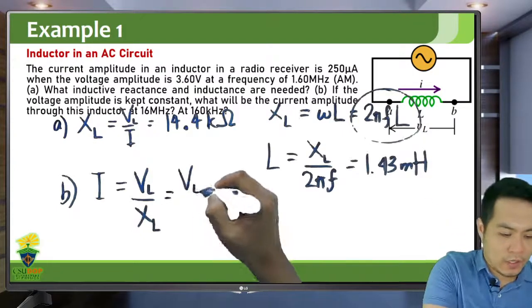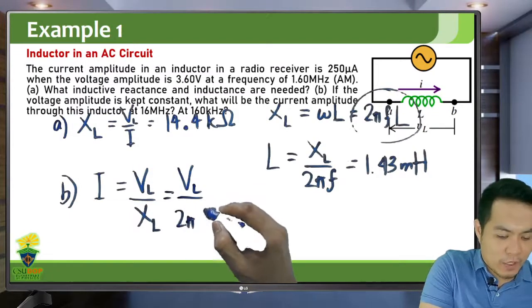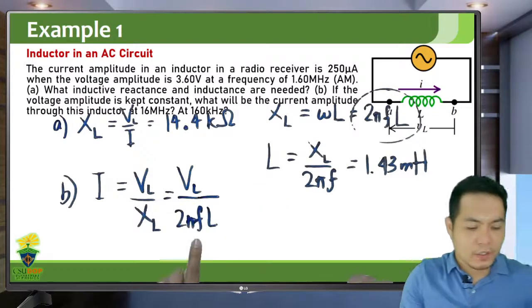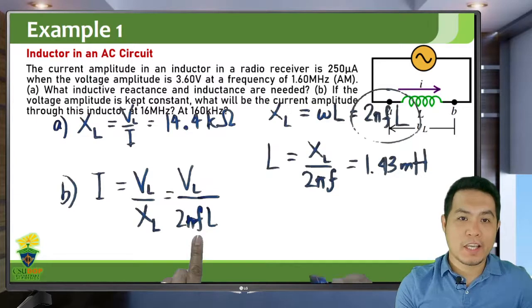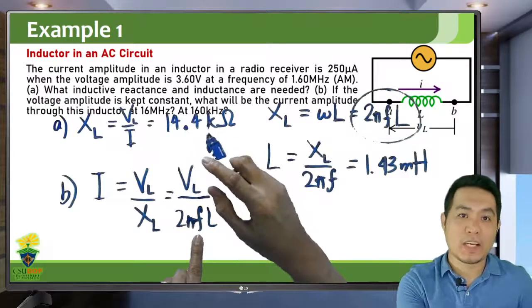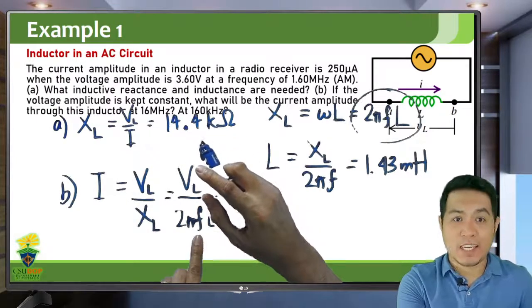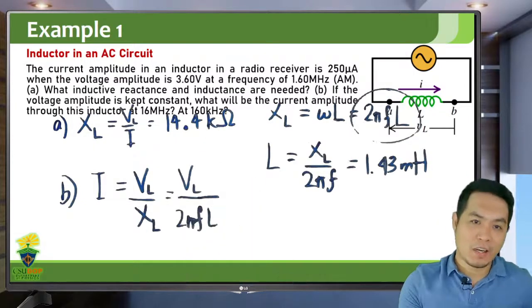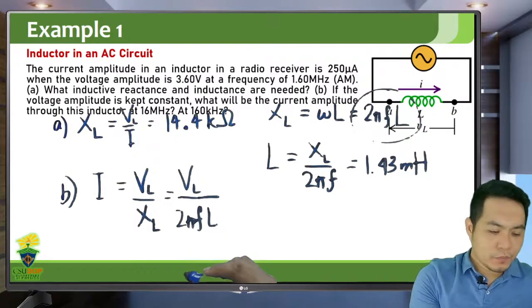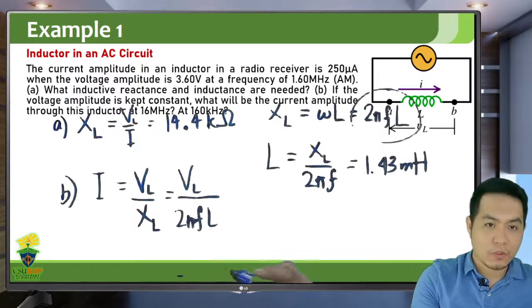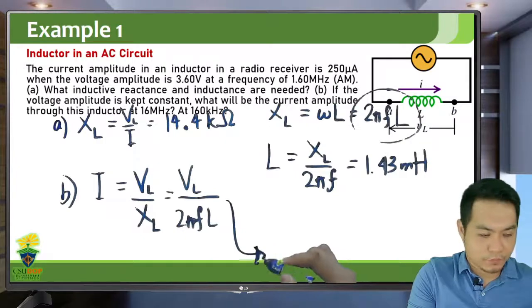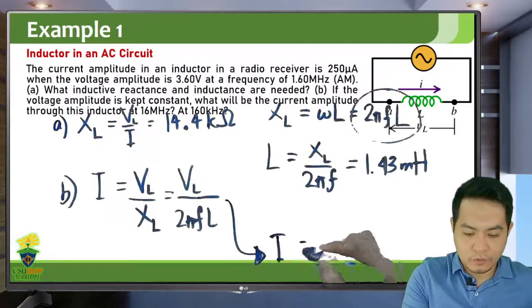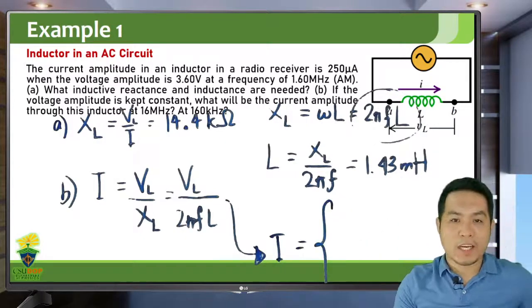So you have V_L over 2 pi f times L. The first frequency is 16 megahertz, so 16 times 10 to the 6 hertz. The second frequency is 160 kilohertz, or 160 times 10 to the 3 hertz. Kilo means times 10 to the 3. Using those two values, you will have two values of current.